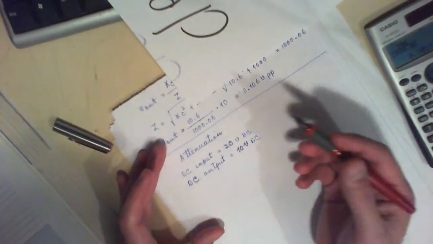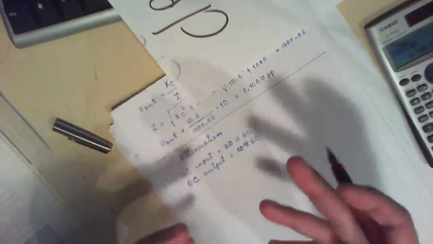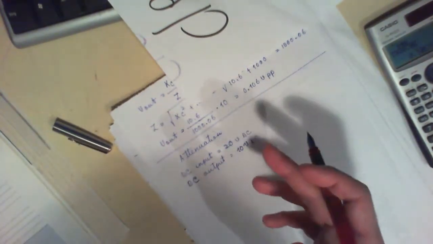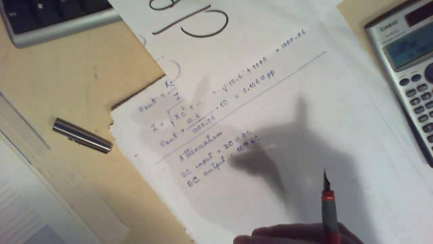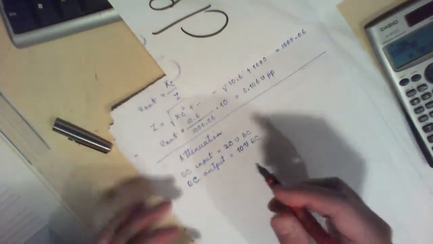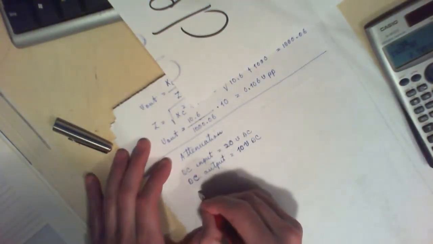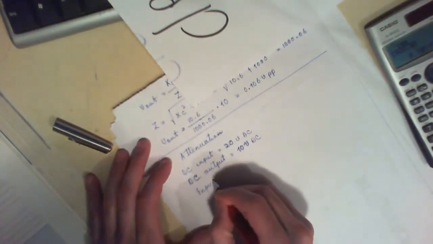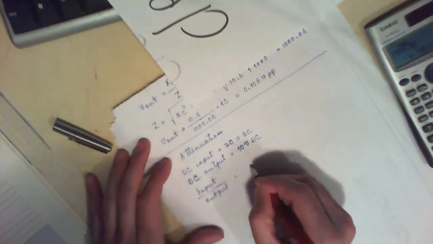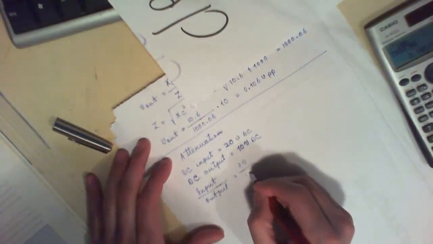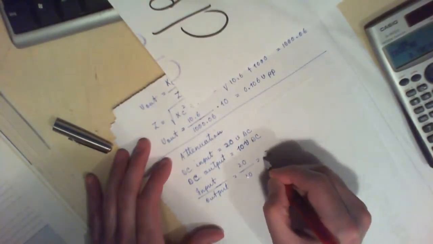So your attenuation would be, or I'm not going to call it attenuation, I'm just going to call it the ratio of the input to output. So your input to output would be equal to 20 to 10, which is equal to 2.